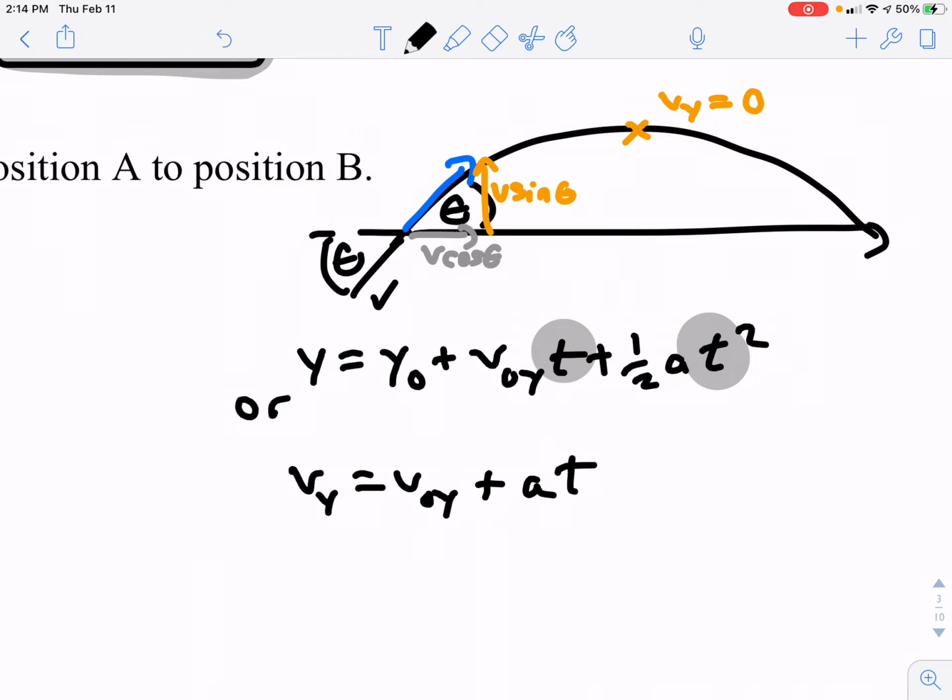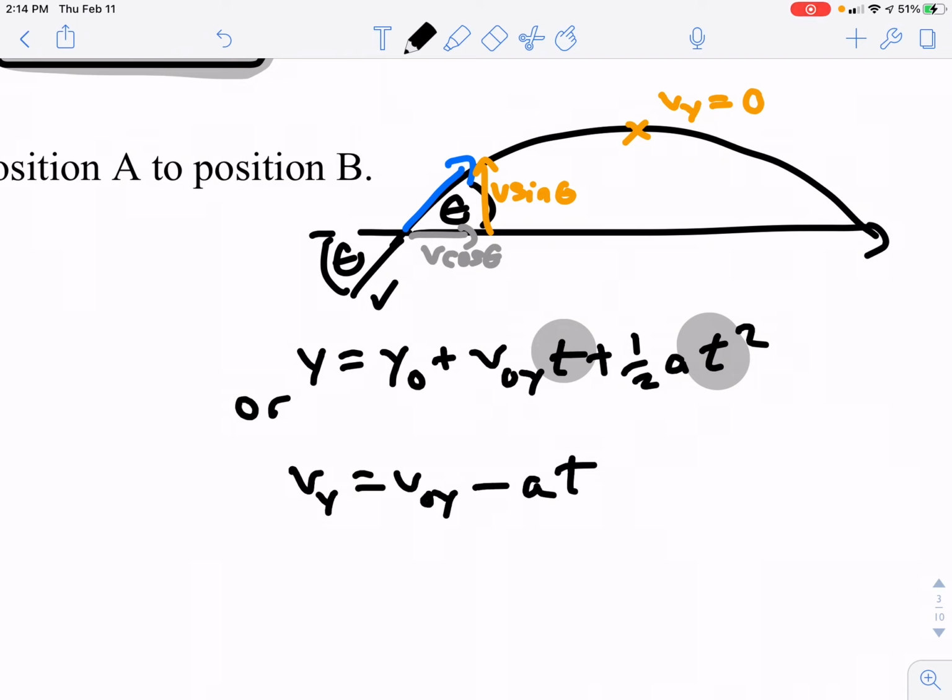It's a negative acceleration, similar to the negative acceleration due to gravity. And we could solve for the time it takes to get to the top. But since time up equals time down, then simply multiplying by 2 will help. So time is equal to v naught y over the acceleration. That's the strategy that I'm going to use in this example.